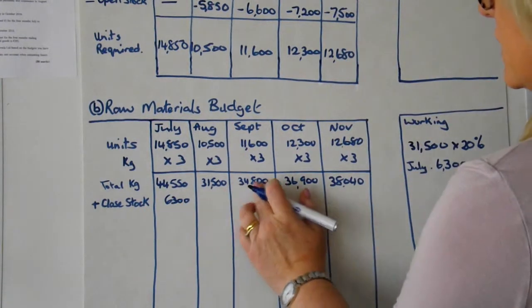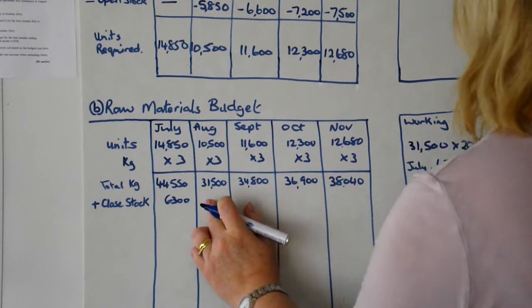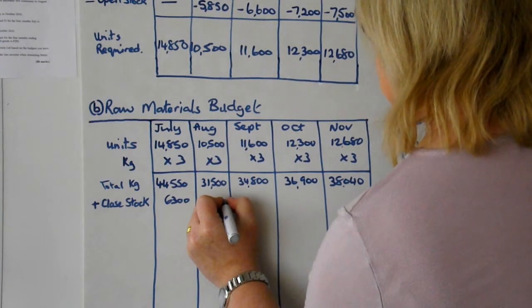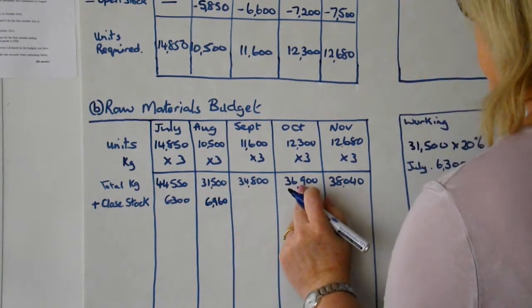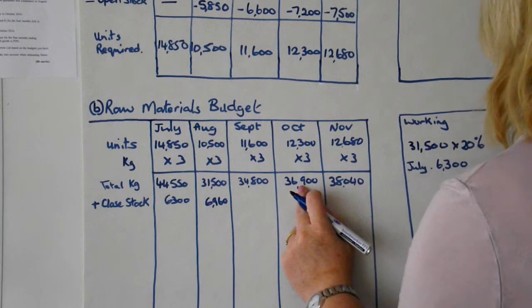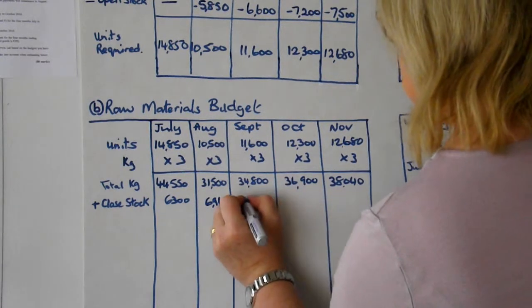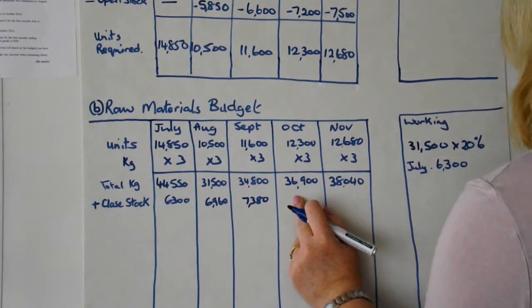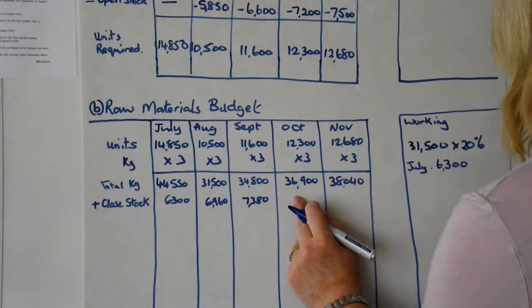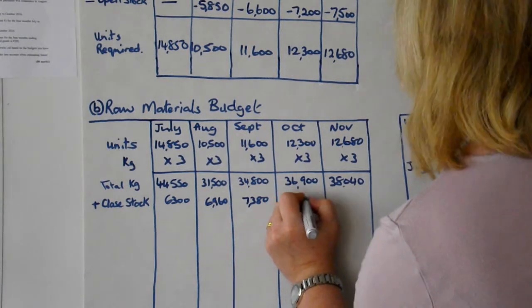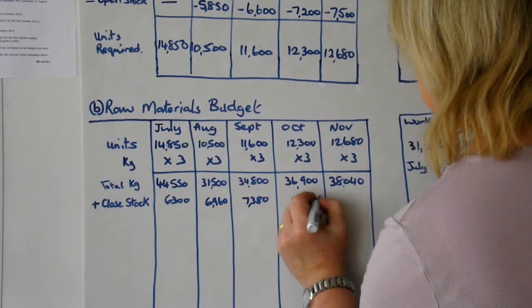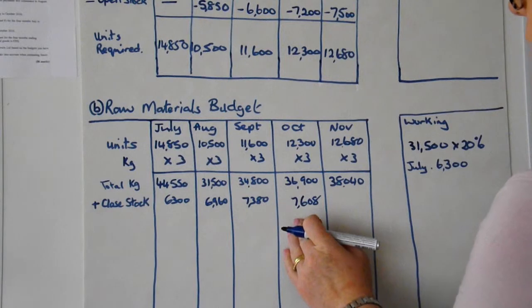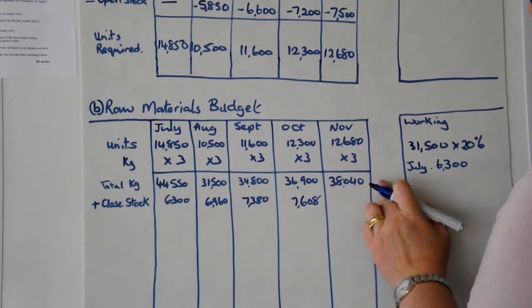So 20% of 34,800 will work out at 6,960. 20% of 36,900 there will work out at 7,380. 20% of 38,040 works out at 7,608.